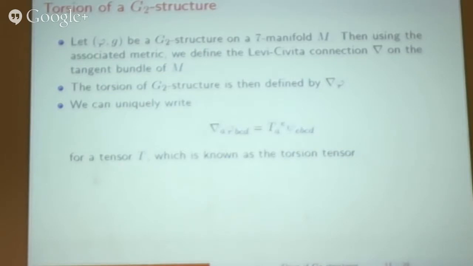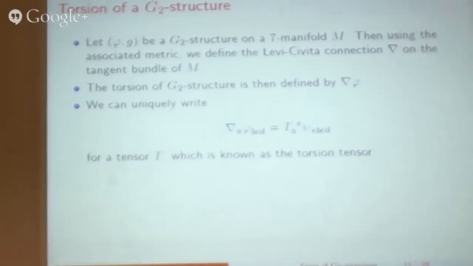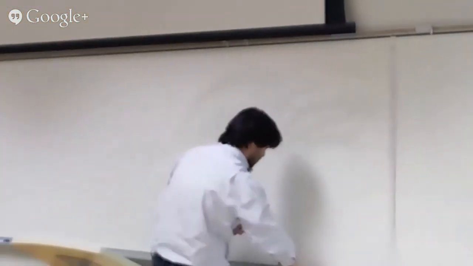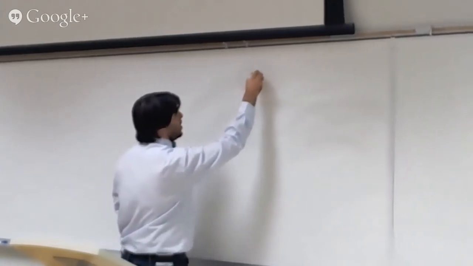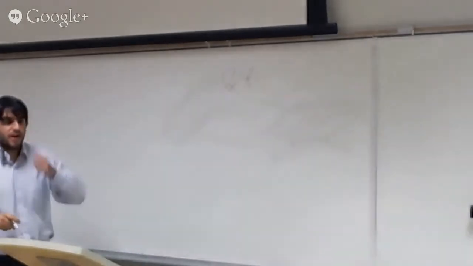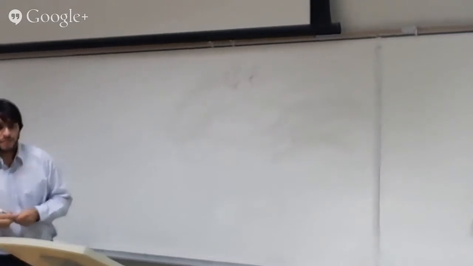All right. So in fact, we can express this again in components in terms of a torsion tensor T. The reason why this is true: suppose we take a vector x and we take the covariant derivative of phi in the direction of this vector x.